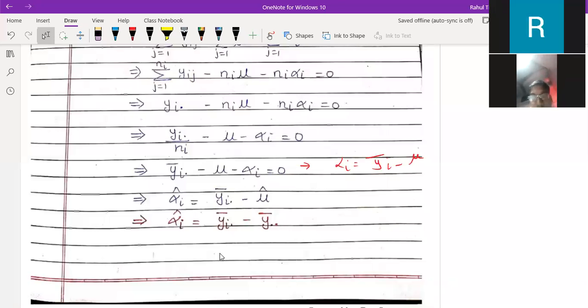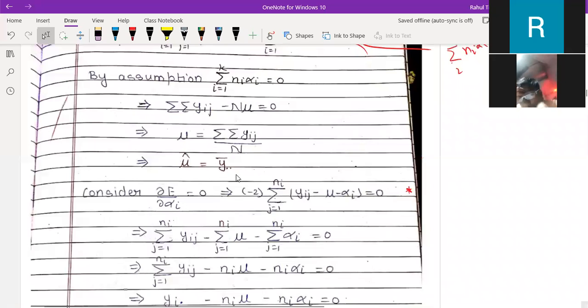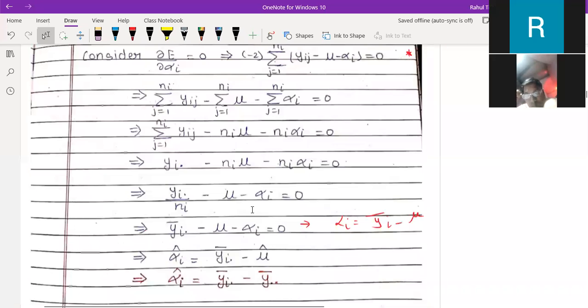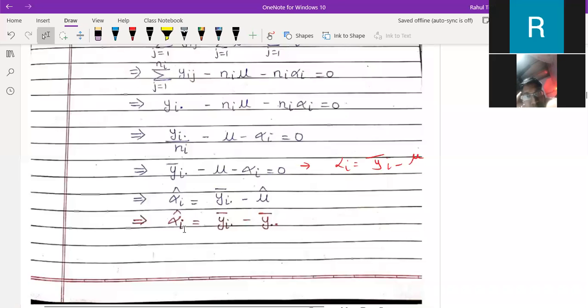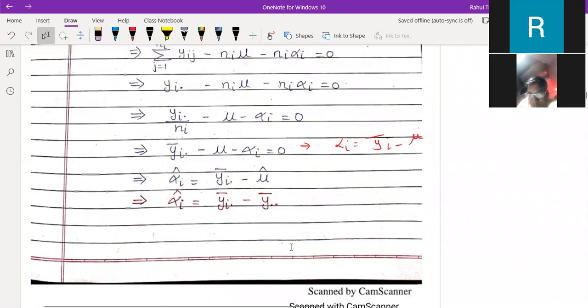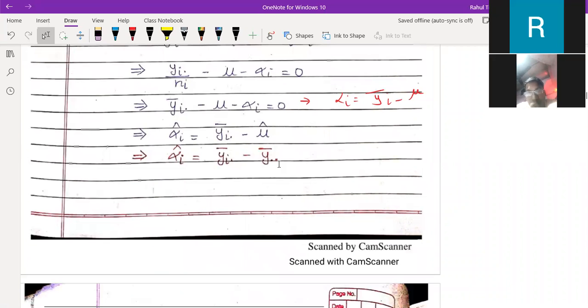Because I know the value of mu hat. Mu hat is y bar dot dot, I substituted it here. So alpha hat becomes y bar i dot minus y bar dot dot. I will stop here.